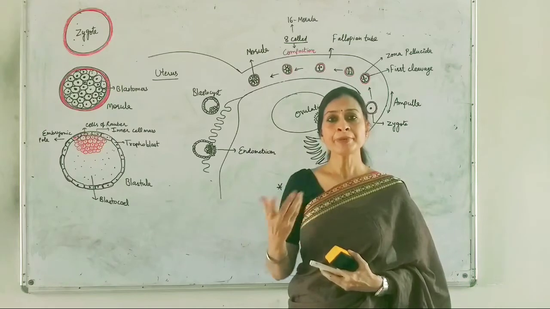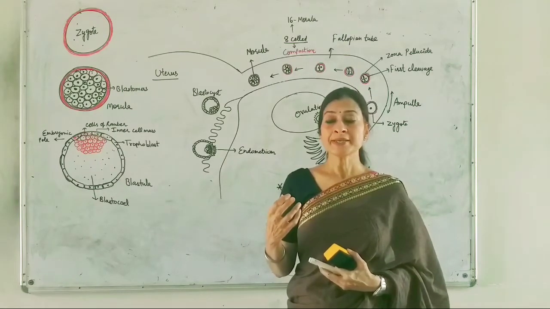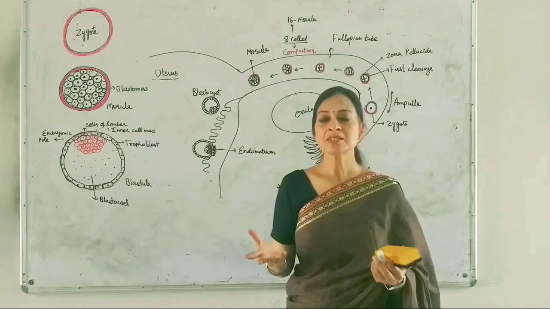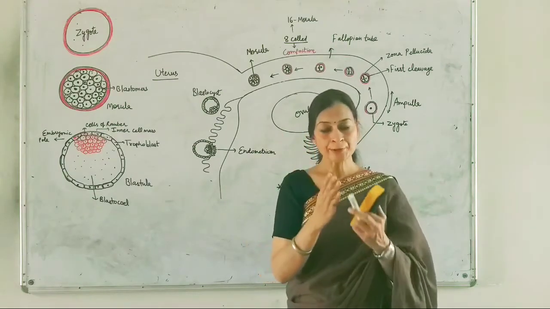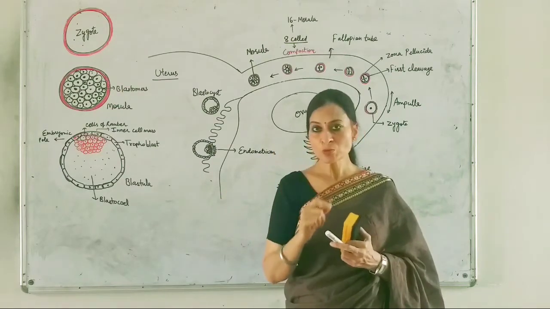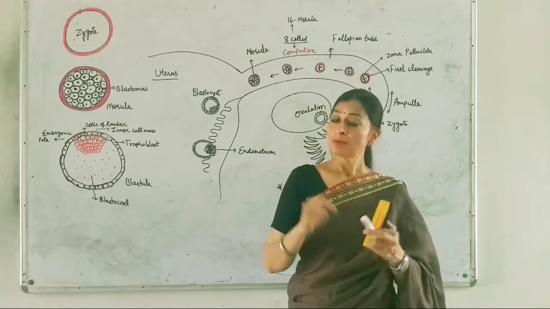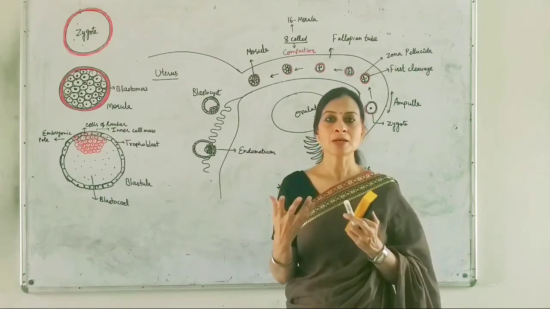Means they are rapid cell divisions. The cell is not taking much time to increase its size again. When one cell divides into two, the cytoplasm is divided into two cells. Obviously the size of the cell will be smaller, but they are not going to increase their size again.